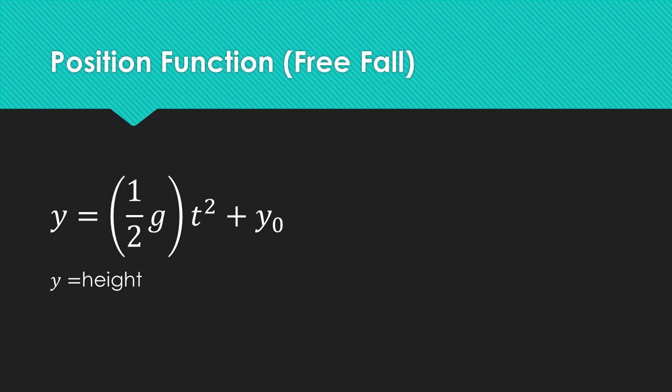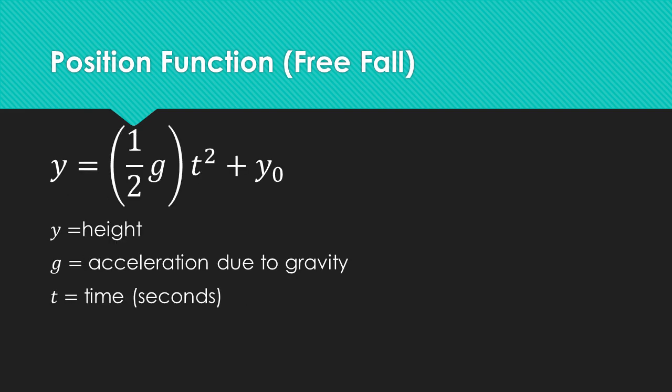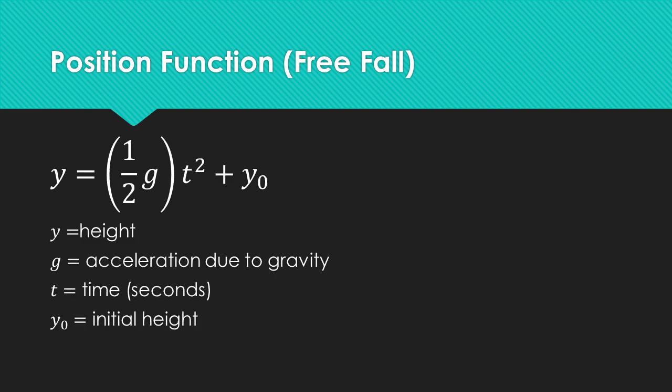And g is a constant. g is the acceleration due to gravity, which we're using as negative 10 meters per second squared. t, of course, is the time in seconds, and y naught is the initial height in meters. I should mention that this negative 10 meters per second squared is the figure I'll use for acceleration due to gravity when the measurements are in meters.